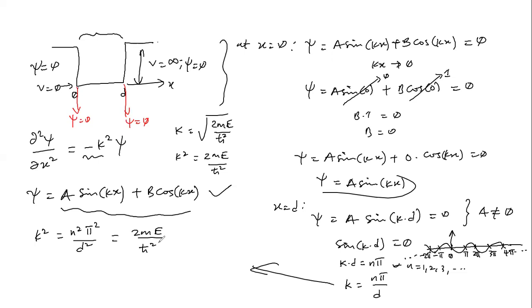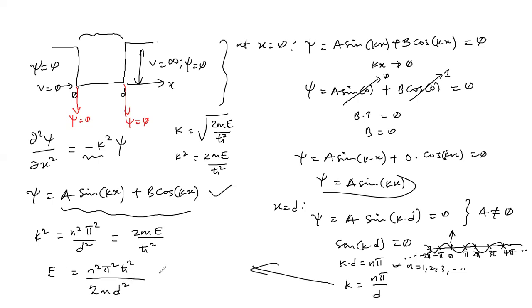So this implies that the energy in the potential well is restricted to certain multiples of n, because in this case you see that energy is now dependent on n. If we cross multiply and make E the subject of the formula, we have E equal to n squared pi squared h cross squared over 2md squared.